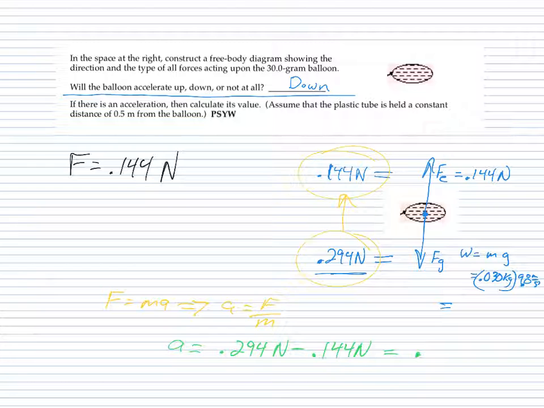Remember this is force, I'm doing force over mass. The mass of the balloon we just decided was 0.030 kilograms, so divided by 0.03, and I get 5 meters per second squared, and we'd say down.